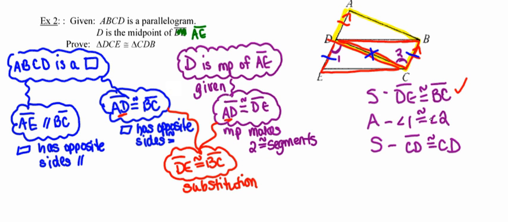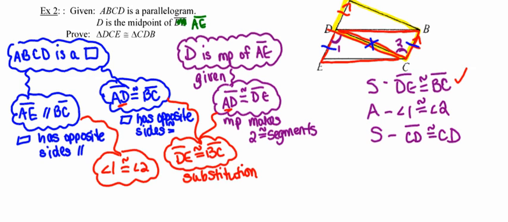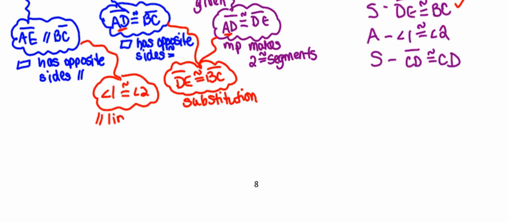I know that angle 1 is congruent to angle 2 due to the fact that I have these opposite sides that are parallel. And anytime I have parallel lines, the alternate interior angles are congruent to each other. And then the last pair of congruent parts I need to talk about before I can make these triangles congruent is side CD being congruent to itself.